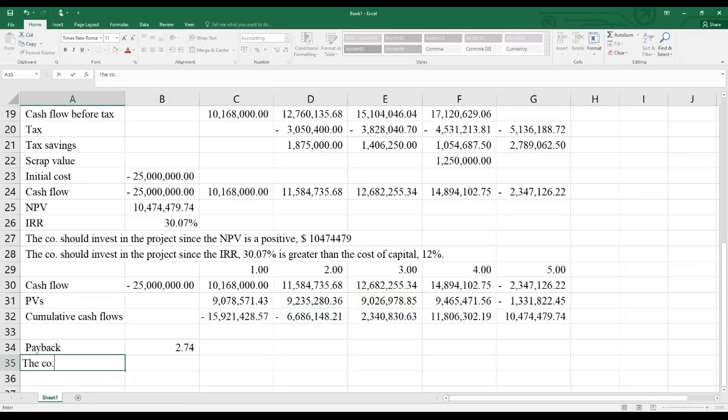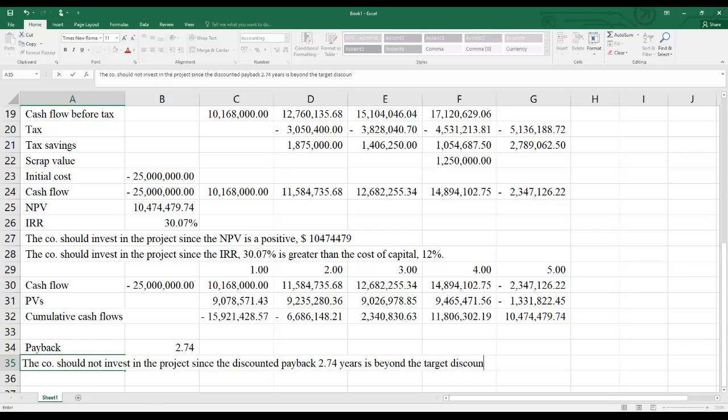Therefore, the company should not invest in the project, since the discounted payback period of 2.74 years is beyond the target discounted payback period of 2 years.